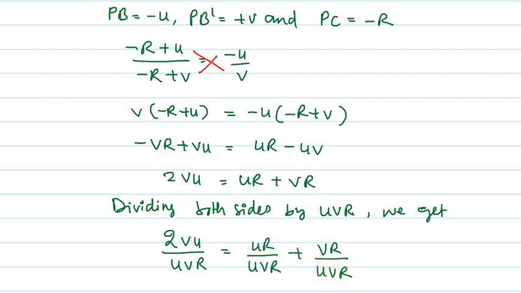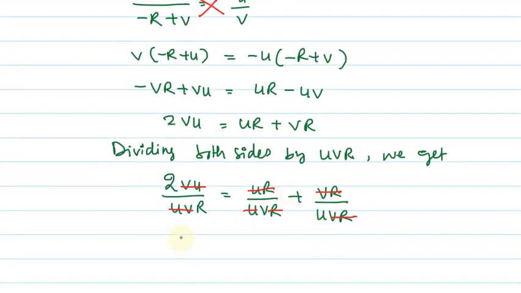So we can cancel certain terms from this. Here VU and UV get cancelled, here UR and UR get cancelled, and here VR and VR get cancelled. So we can write the relation as 2 upon R is equal to 1 by V plus 1 by U.